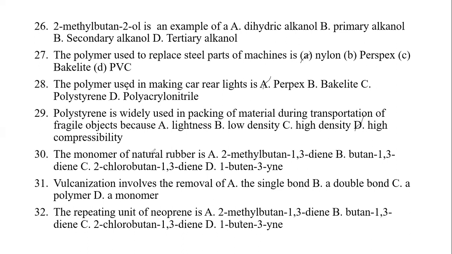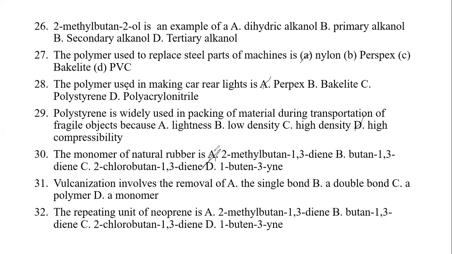The monomer of natural rubber is isoprene, and the IUPAC name of isoprene is 2-methyl-buta-1,3-diene. So option A is the correct answer. The repeating unit of natural rubber is isoprene.